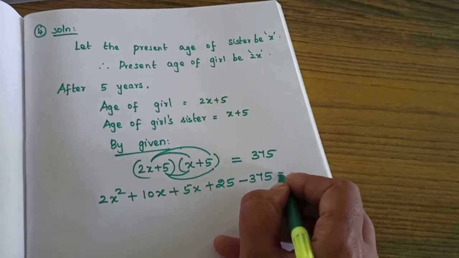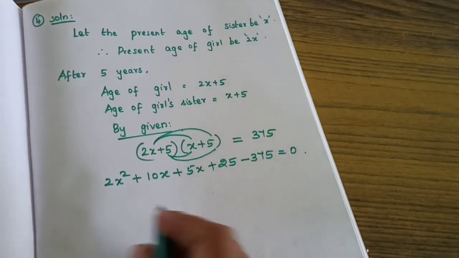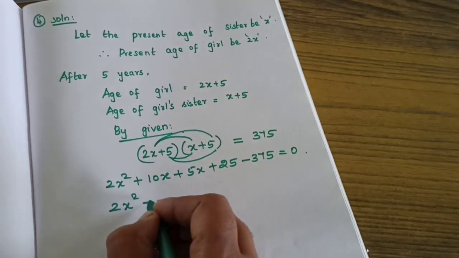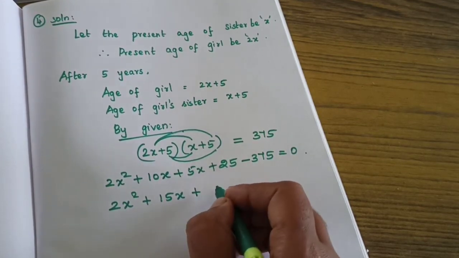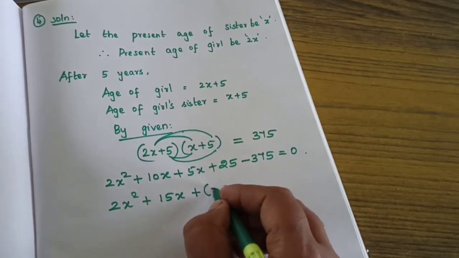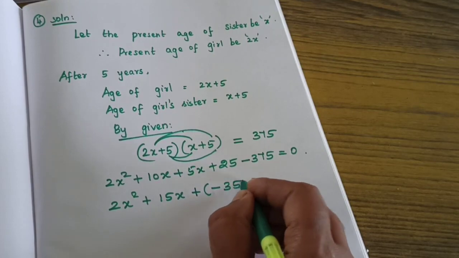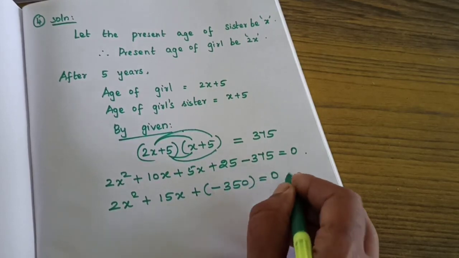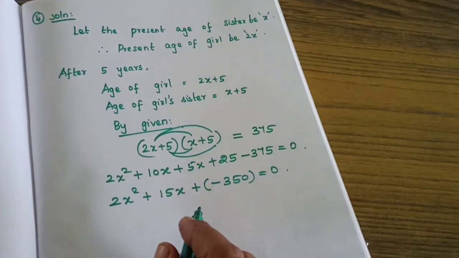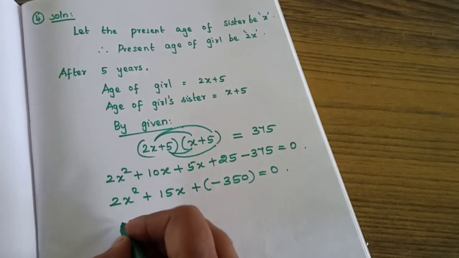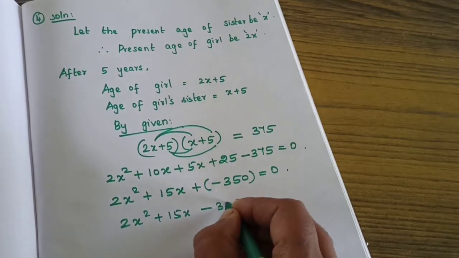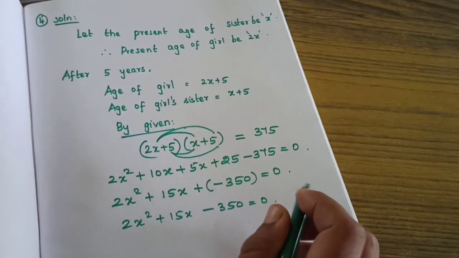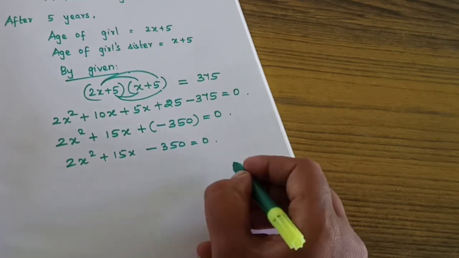So 25 minus 375 equal to 0. After that 2x square plus 10x plus 5x, 15x, plus minus will come now. So minus here 350, while subtracting we are getting this. Then we need to calculate here 2x square plus 15x minus 350 equal to 0. So factorization we need to do here.